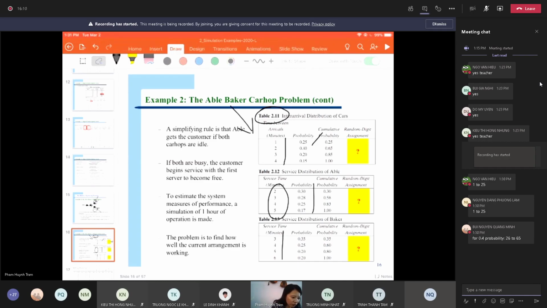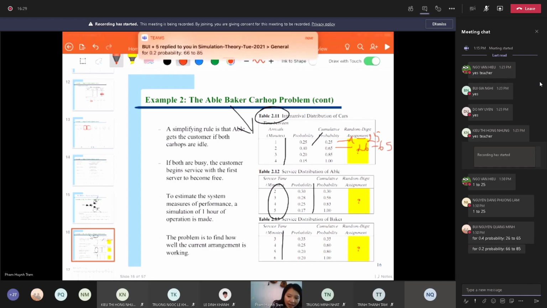So the first one would be, let's say, 1 to 25. The second one would be 26 to 65. All right, so you can get the hint here.